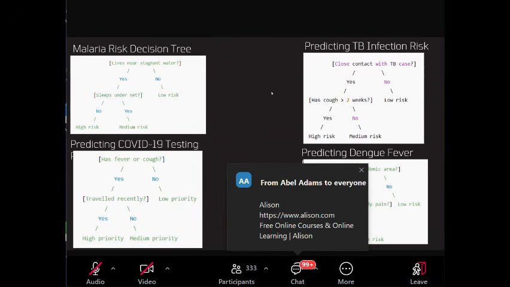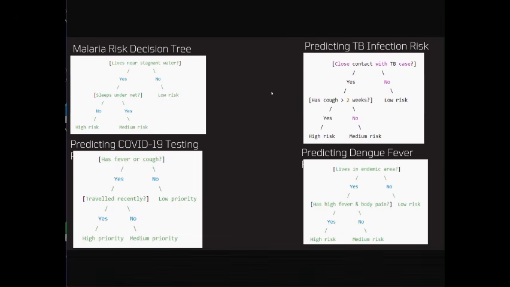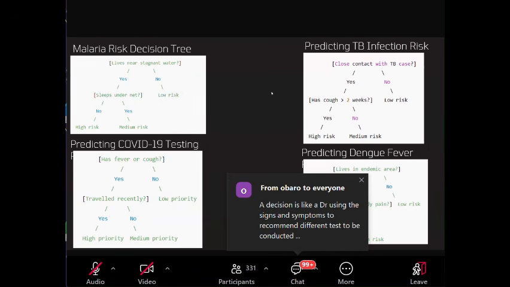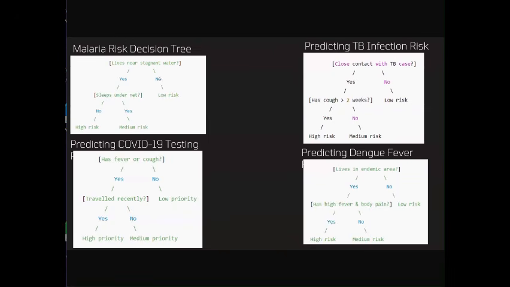You see it there. Live near stagnant water: yes. Sleep under insecticide treated net: no. You'll be at high risk. However, if you live near stagnant water, but you sleep under insecticide treated nets, you will be at a medium risk. If you don't live near stagnant water, you may be at no risk. That's how decision tree works.